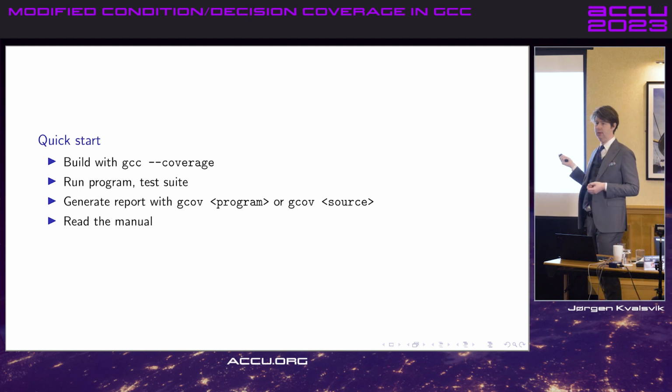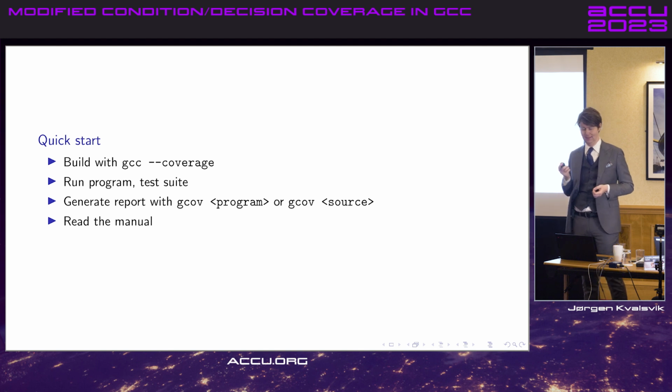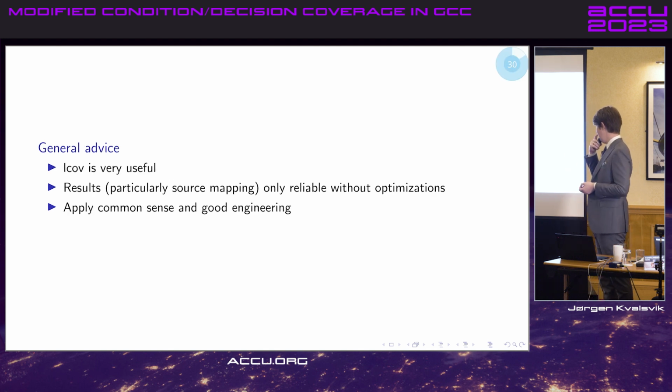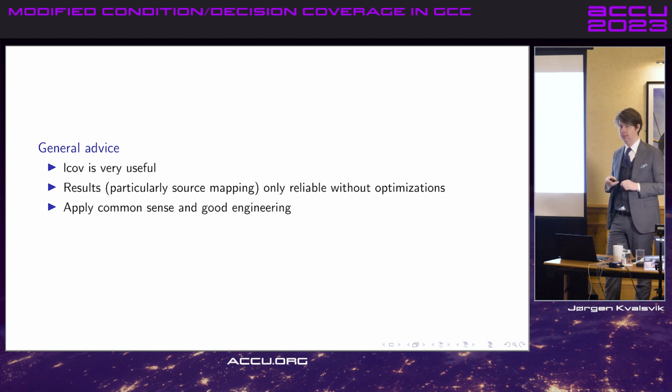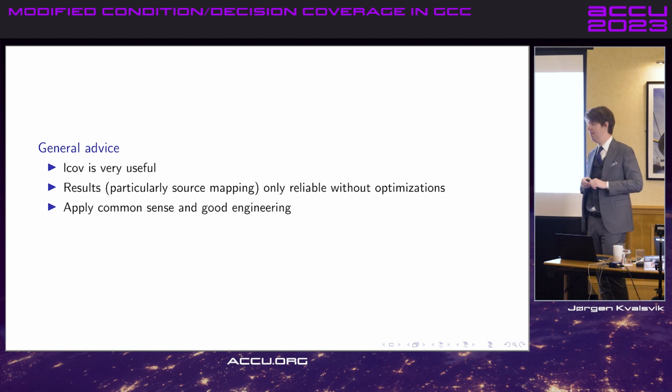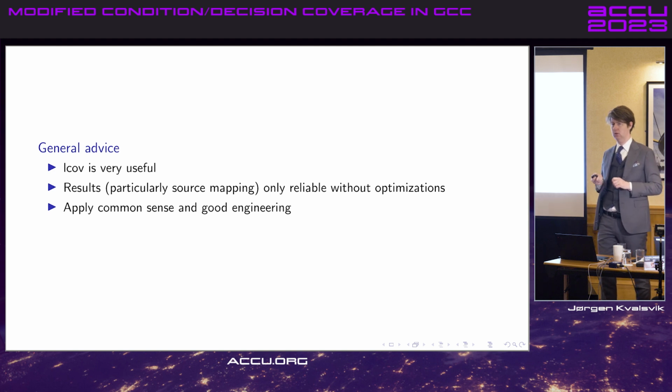And after that, you're very confused and you read a manual, hopefully. As a general advice, I would say that lcov, which is a visualizer, if you will, for the gcov output, is very useful. It brings you a pretty rich source annotation and some summaries. Results are really only reliable if you build without optimizations on.